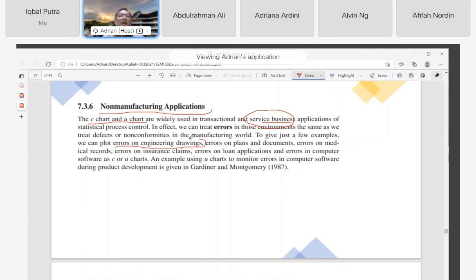Maybe you are a manager, you want to check how the technician or draftsman does the drawing, and monitor how many mistakes appear in the drawing. Or errors on plans or documents, errors on medical records, insurance claims, loan applications, computer software. So it's basically attribute control charts. For example, U chart and C chart can be used, not only in manufacturing.